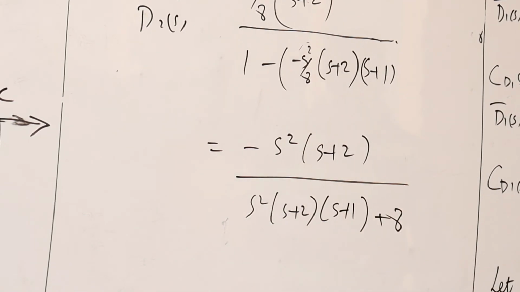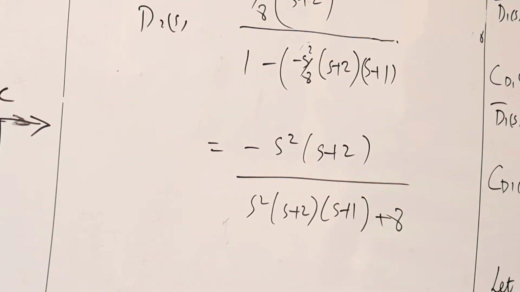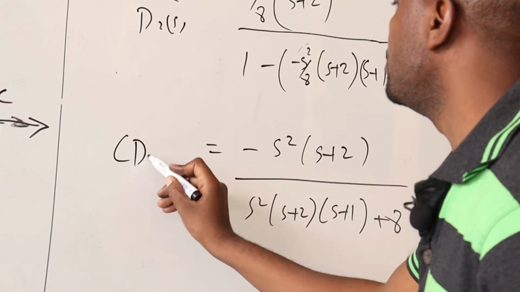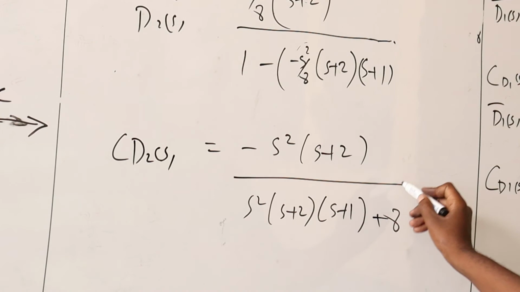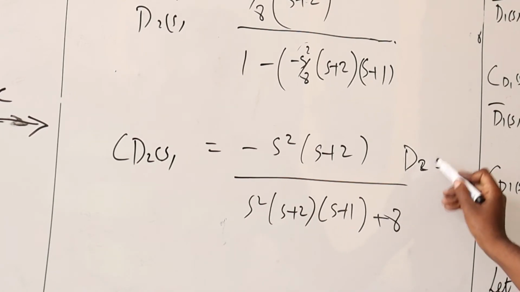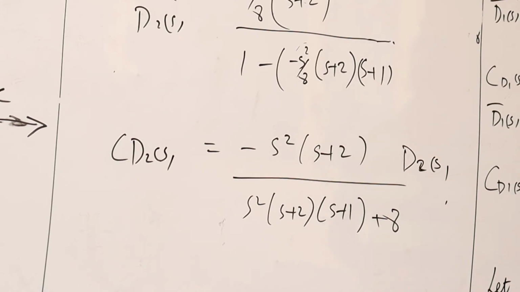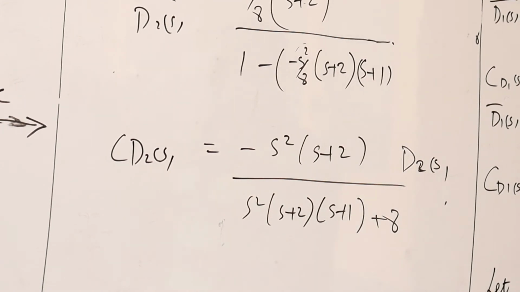So that is what we are going to get. And therefore, this is now going to be our C D2 of s, that is the expression for C D2 of s.